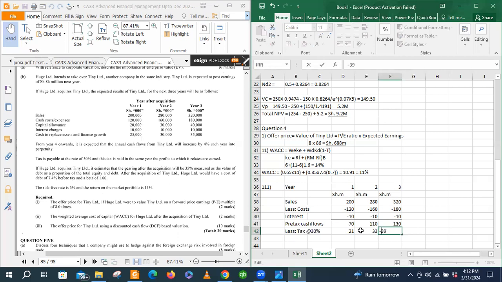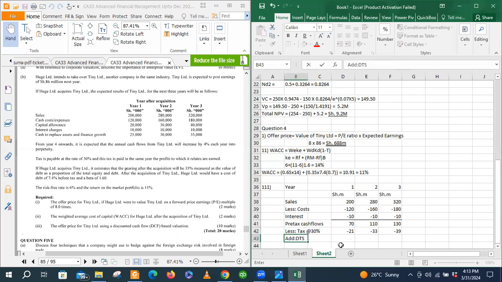So let me make them. So here it is 39 minus 39. This is minus, this is also minus. Then we add the DTS, the capital allowance tax shield.